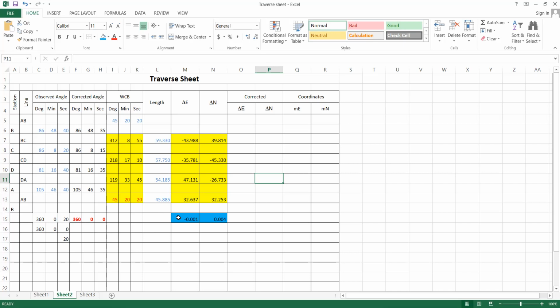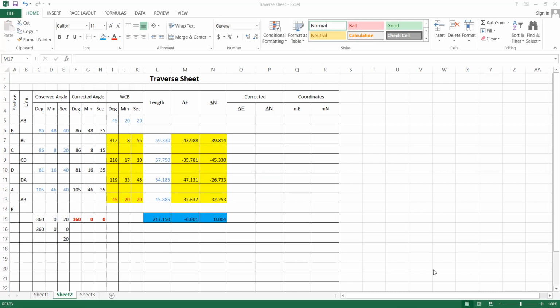We take the summation of all the lengths. We assume that you create this 1 millimeter error when you are measuring this total length. So I take the sigma L also, the total length. I add all these lengths and take this value.